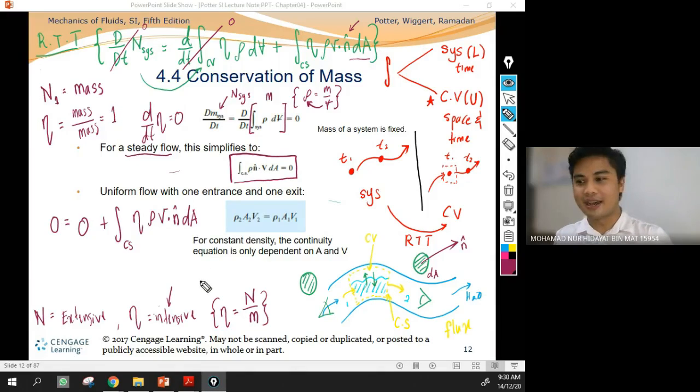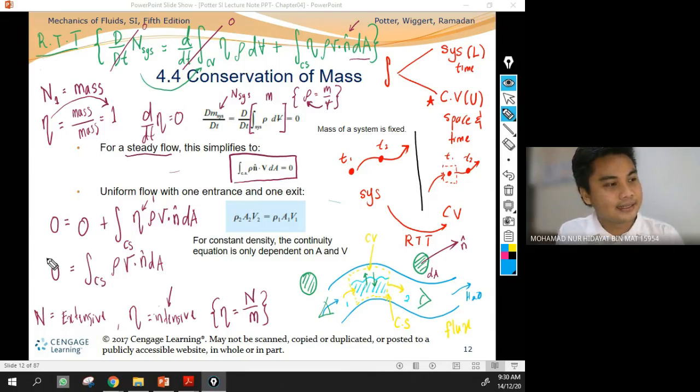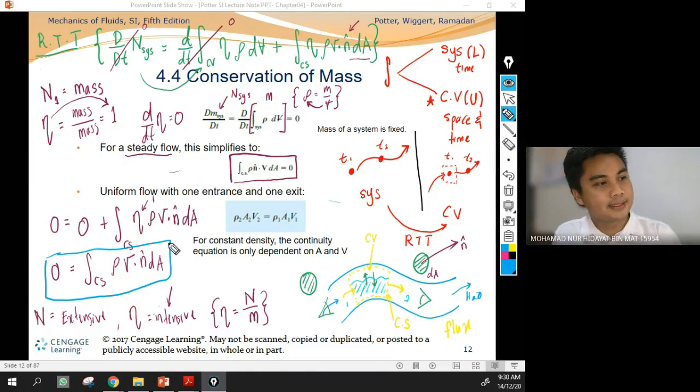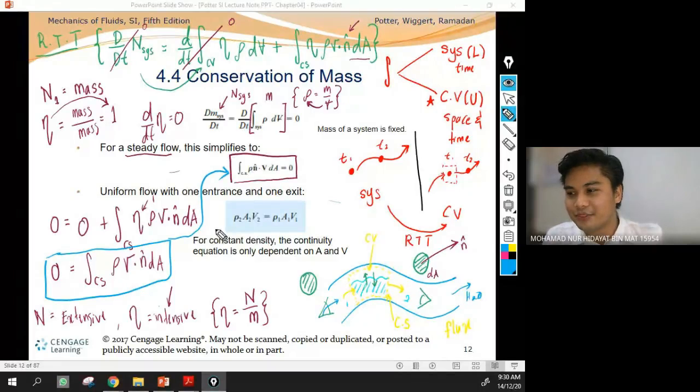Alright. So Amirul understands. So why don't we replace this term with 1? Then definitely you will get 1, V dot n dA. Now you can see this equation is the same as this equation. Yeah? Okay. So far, so good. Okay.